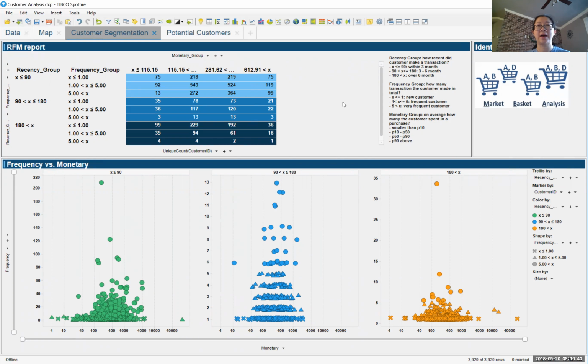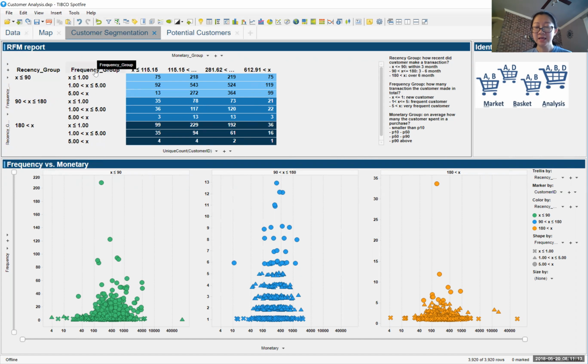This will give you information on how engaged the customer is with you. For this scenario, I use 3 months, 3 to 6 months, and beyond 6 months as my cutoffs for recency. If the customer didn't come back after a long period of time, you may take action, or you may wish to take action even earlier to retain the customer's interest in your business.